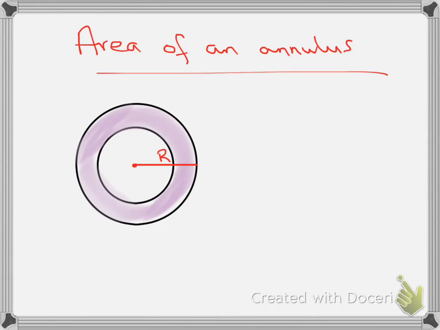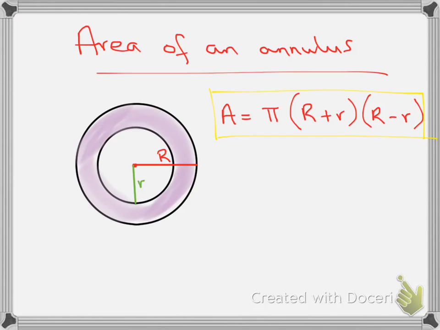You're trying to find the area of the whole circle and take out the area of the inner white circle. Okay, so that's our formula to find the area of an annulus. Please copy that down. Again, the capital R is the radius for the big circle around the outside. The small r is the radius for the white circle in the middle.